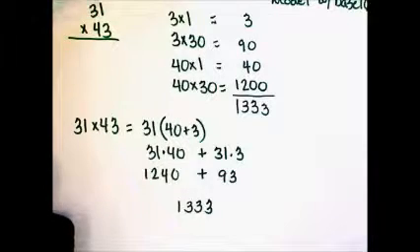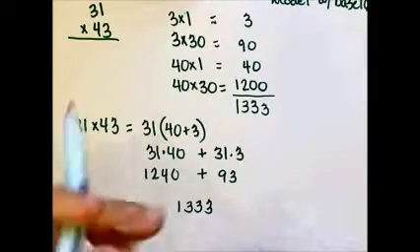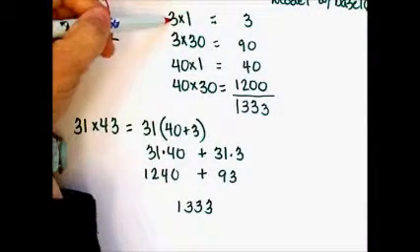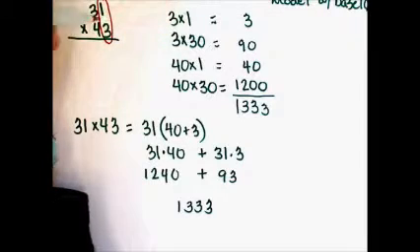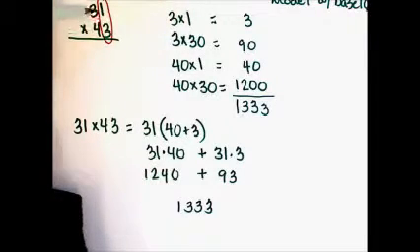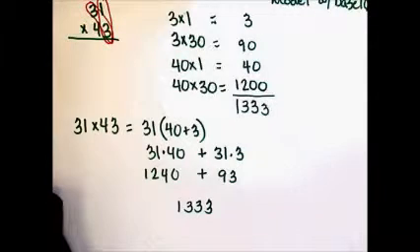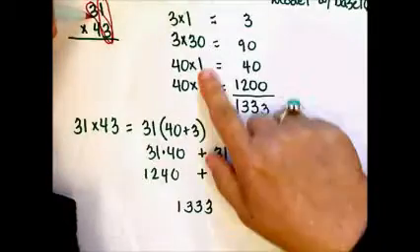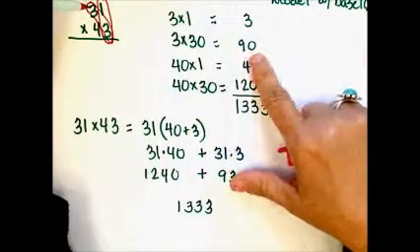So let's think about what this means. This says that I have 3 times 1, and then I also have 30 times 3, because the value of this 3 is 30. So 30 times 3 is 90.